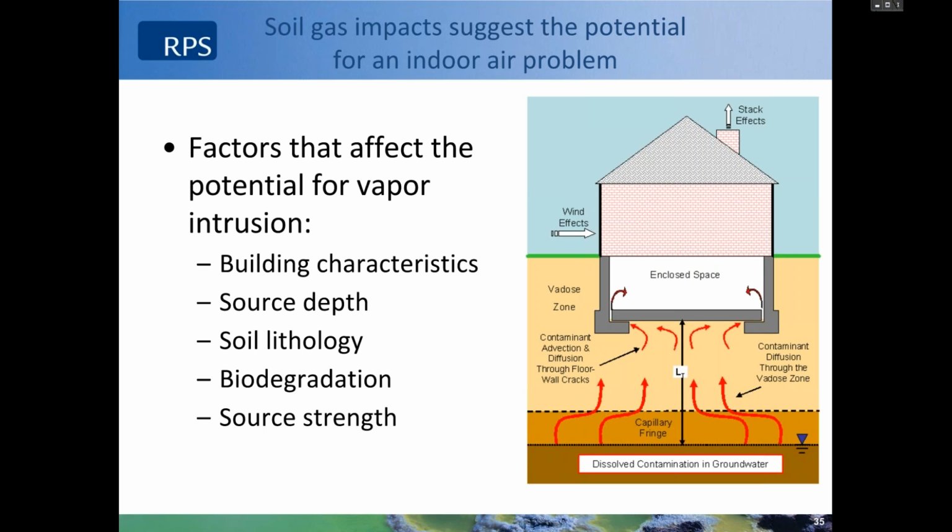That happens for fuels and benzene, as Dave mentioned, and it does not happen, or not nearly as effectively, for chlorinated solvents. So there's a big difference there, what kind of contamination you have, whether you're going to get the beneficial effect of biodegradation or not.